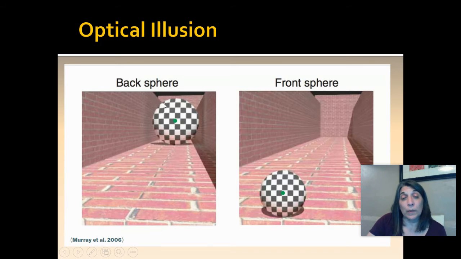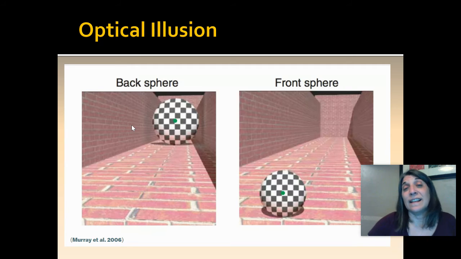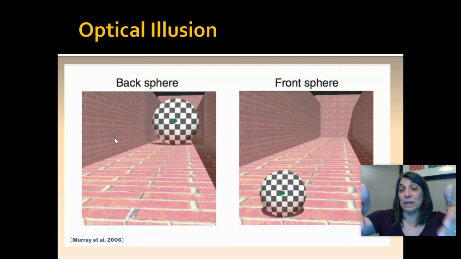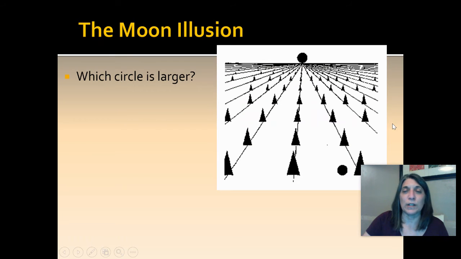But if you got a ruler out and measured them, they're both exactly the same diameter. Because it's set far back, and when you learn to draw in art, as things approach the horizon, you draw them to get smaller. So that's another one of the theories why it looks larger: as things extend towards the horizon, we expect them to get smaller, and when they're up close, we expect them to be larger. So it's just another optical illusion.